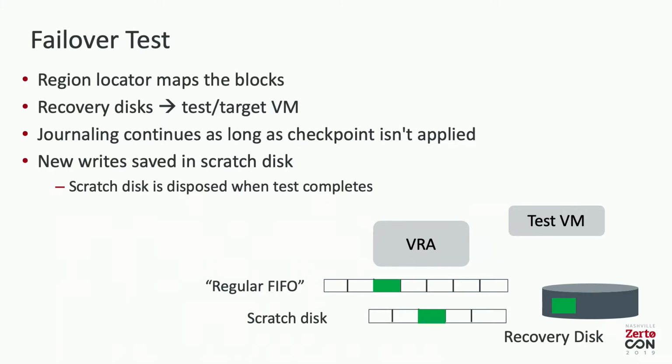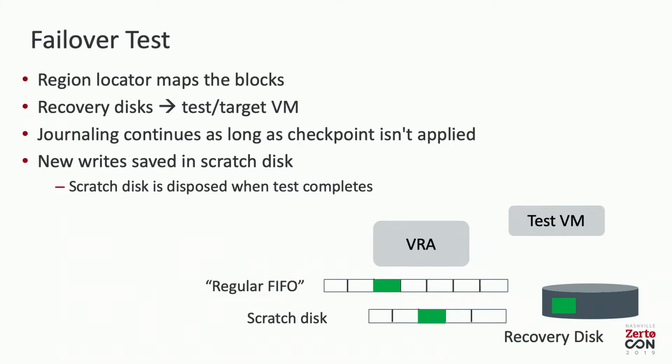So what happened in the failover test? The user decides, I want to test, selects a VPG, selects a checkpoint, right? Presses go. What the system does, first of all, it calculates the region locator. It goes over the metadata in the journal and says, like I said, I have a mapping: which block, where can I find it?